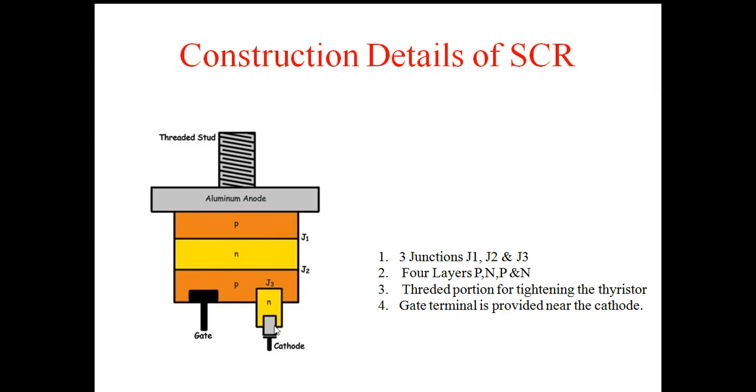In this SCR, we have four layers, PNPN, and three terminals. The anode is fixed to the outermost P layer, the cathode is fixed to the outermost N layer, and the gate terminal is connected to the inner P layer.